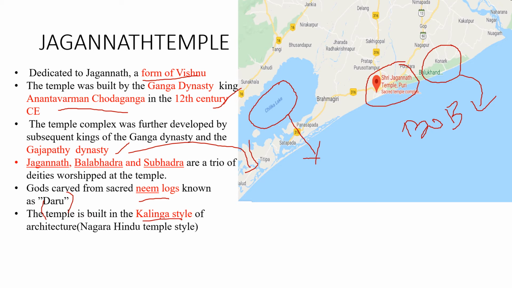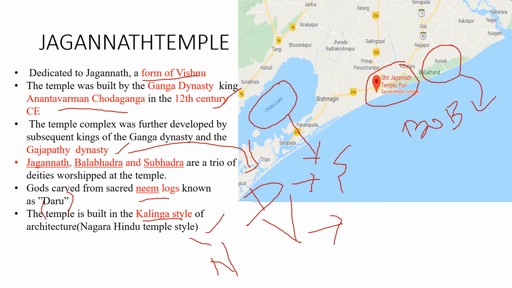Everyone knows that there are three major temple architectures: the Nagara style, the Dravidian style, and the Vesara style. The Nagara style belongs to the northern part of India, the Dravidian style belongs to the southern part of India, and the Vesara style is a mix of both, in the middle of north and south.